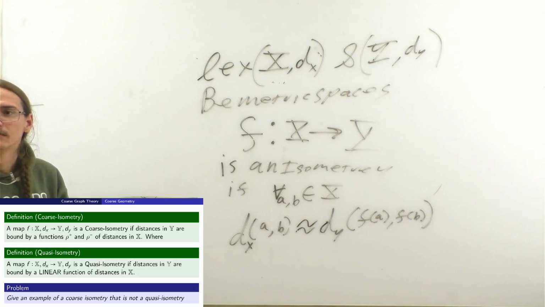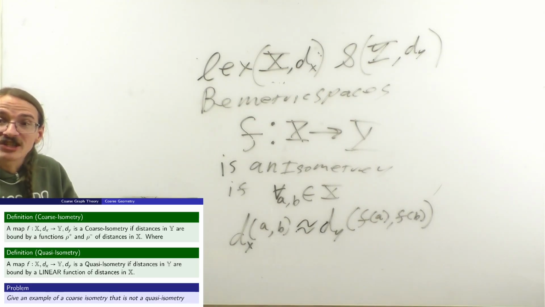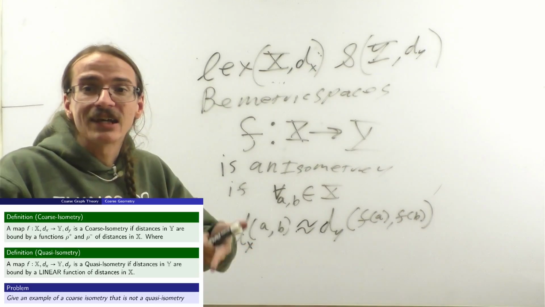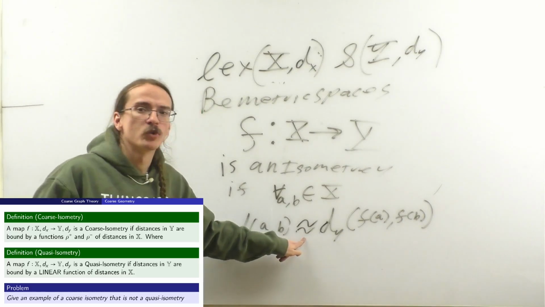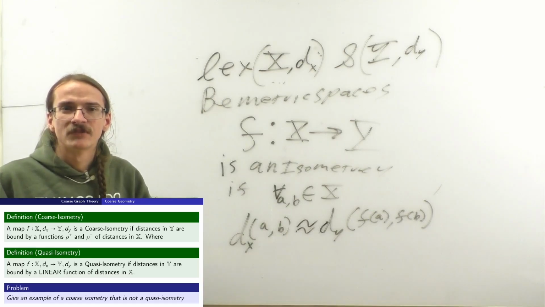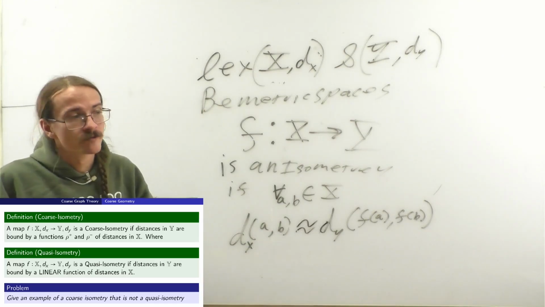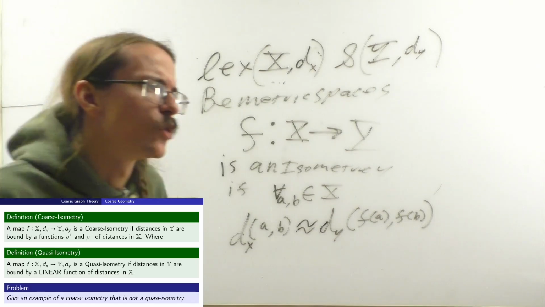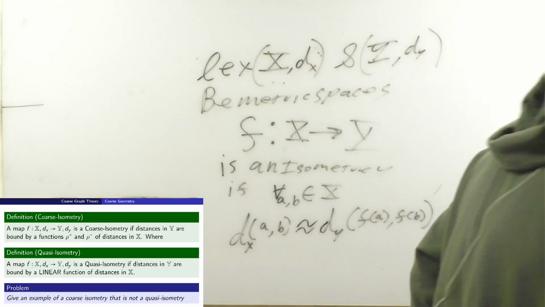What does it mean? I don't care. It just has to mean something. In a quasi-isometry, it has a much more restrictive meaning. It means roughly linear.